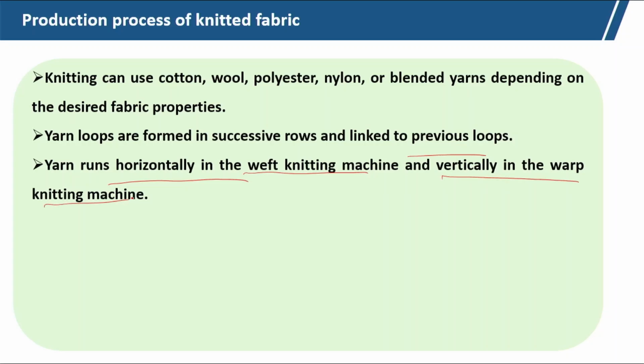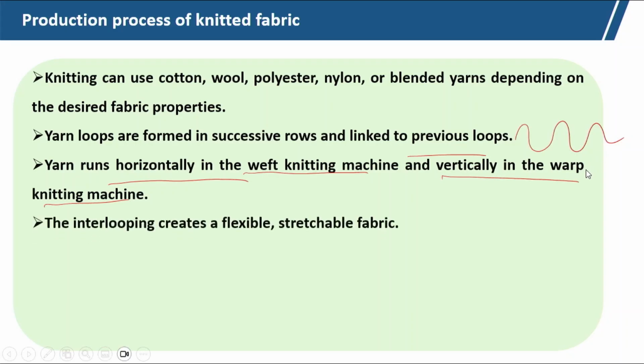So, in weft knitting the yarns move horizontally and in warp knitting they move vertically. The interlacing loops create flexible, stretchable fabric.